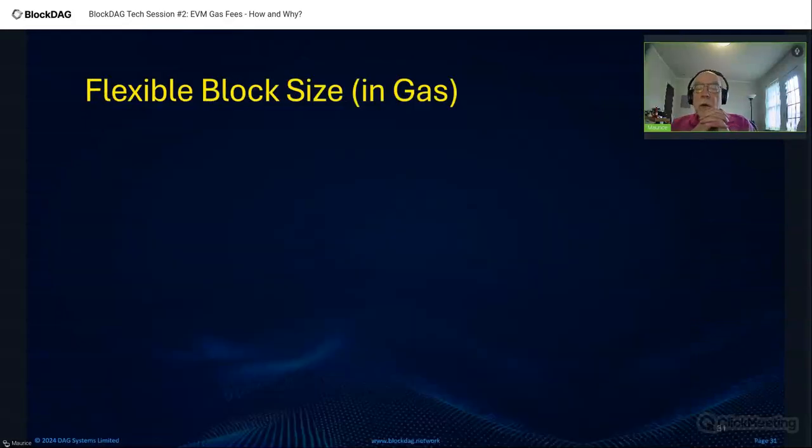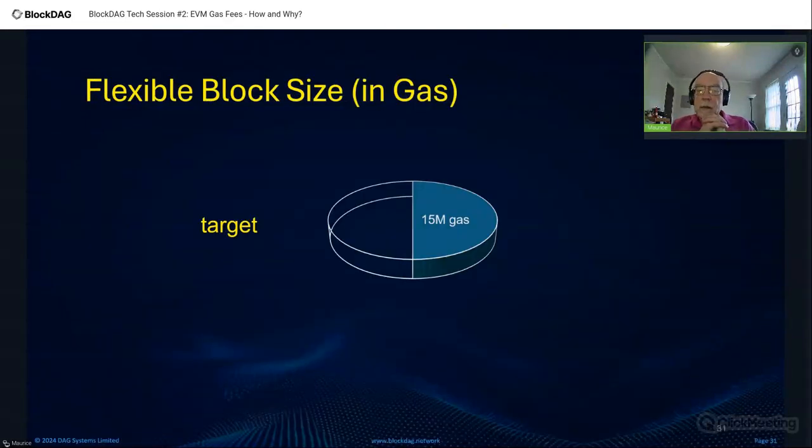Whereas in the pre-London fork, each block had a fixed gas limit, a fixed amount of gas that could be consumed by the transactions in a block, in the post-London world, we're going to be flexible. The goal is to have 15 million gas units in every block.